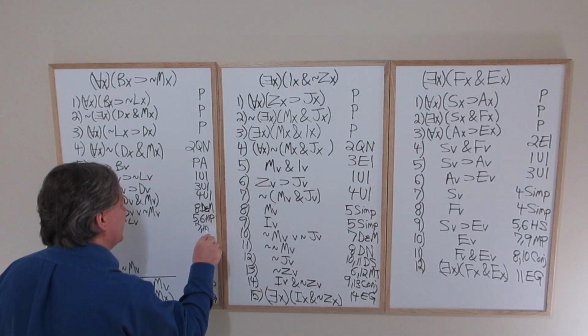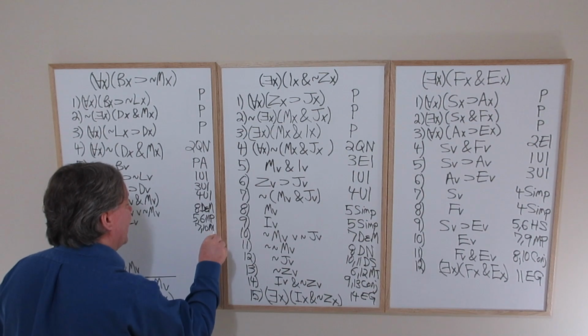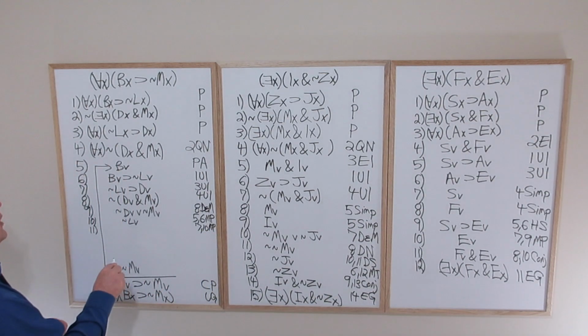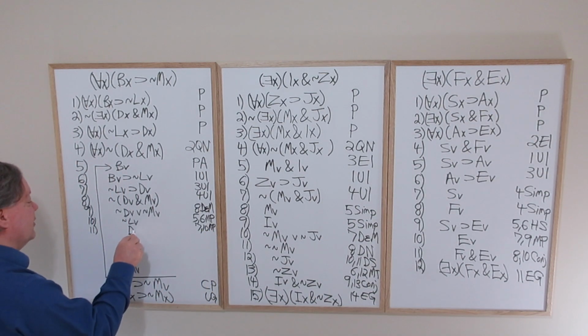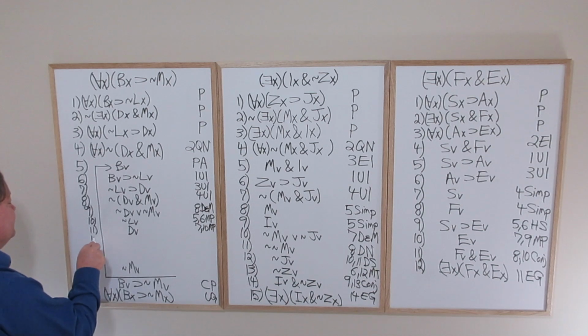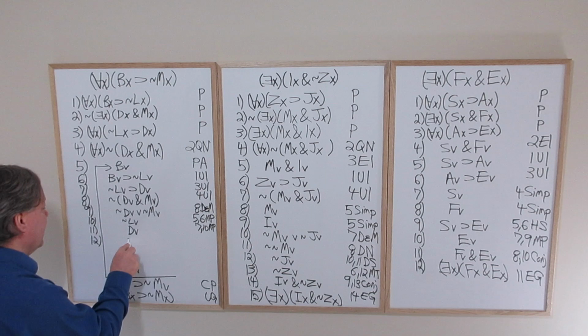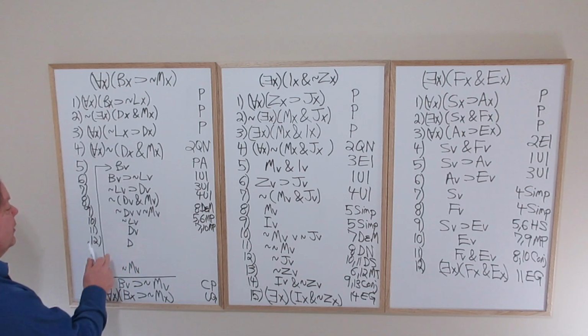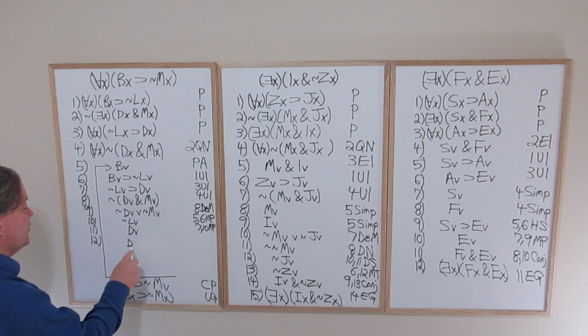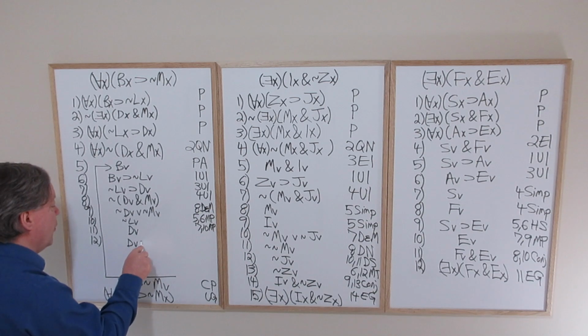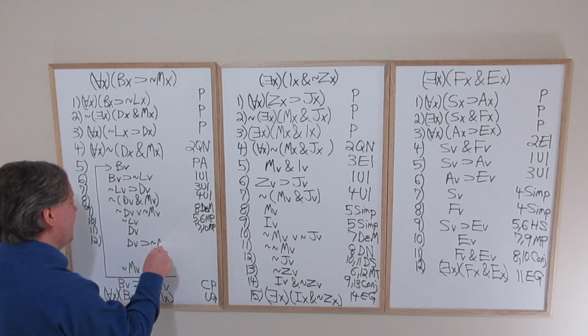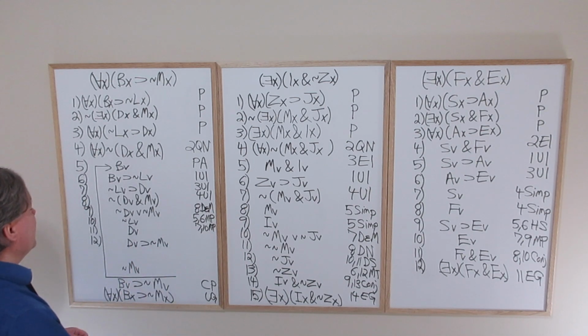Of course, you could have done a hypothetical syllogism instead, will give us D(V). Then we could have done double negation on 11 and disjunctive syllogism, or it ends up being the same thing. We can do implication and then modus ponens.